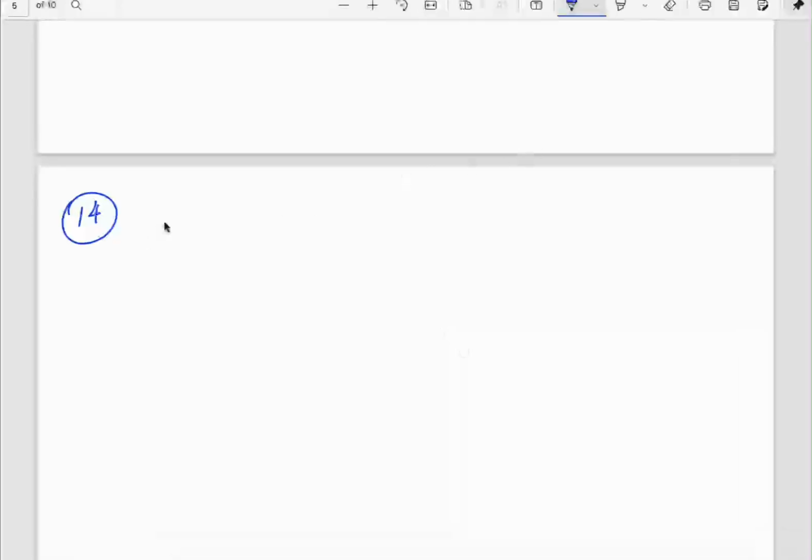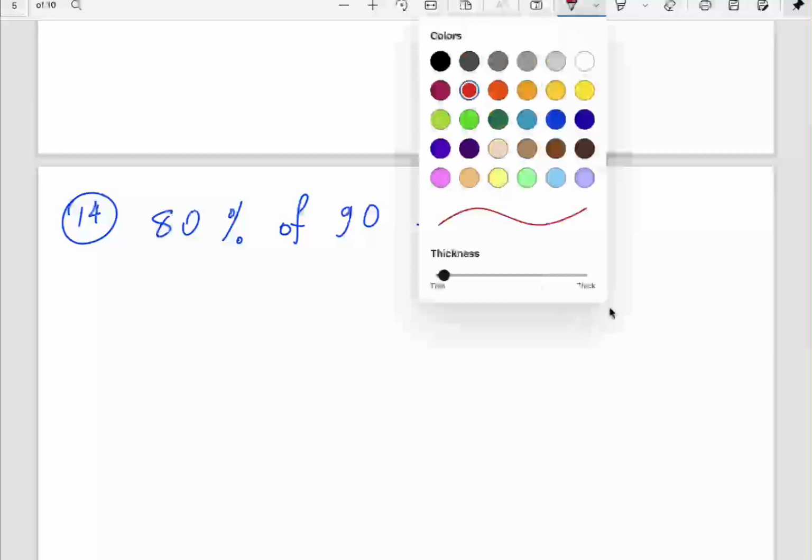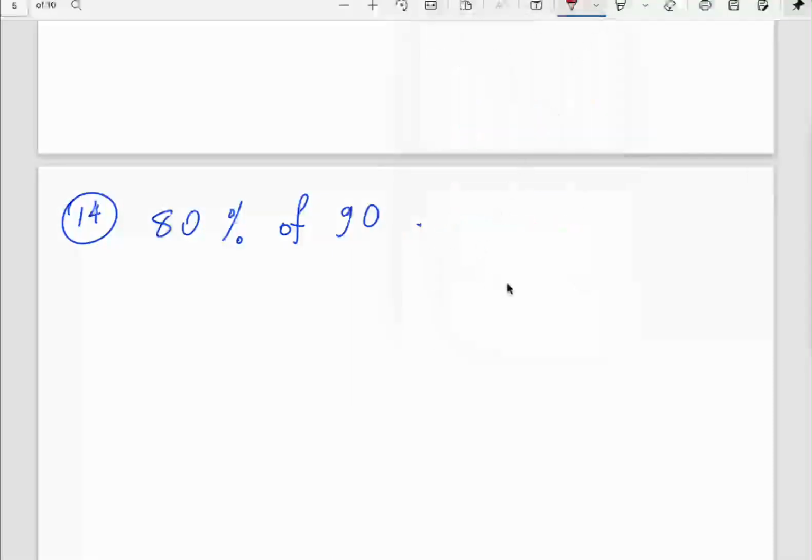Go ahead. Okay. First thing, 80 in decimal equals 0.80. Let's make it a fraction. It equals 80 over 100. In the simplest form, we can remove the 0 and divide by 2. It will be 4 over 5. So we need to multiply this by 90.